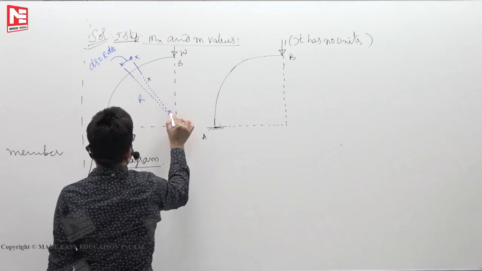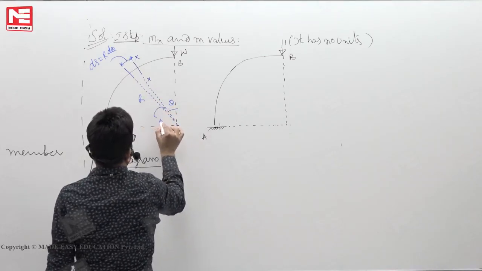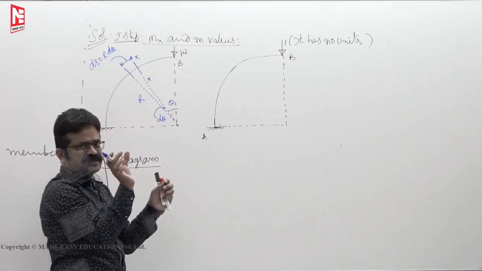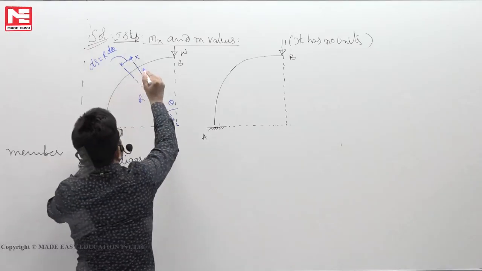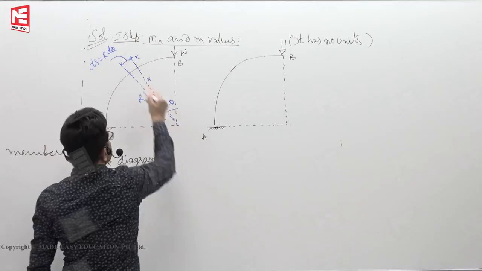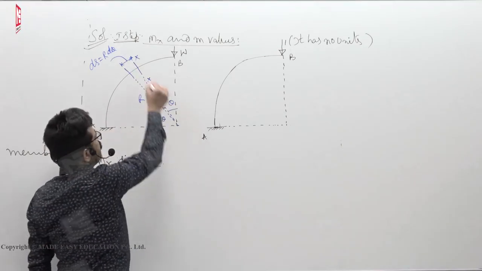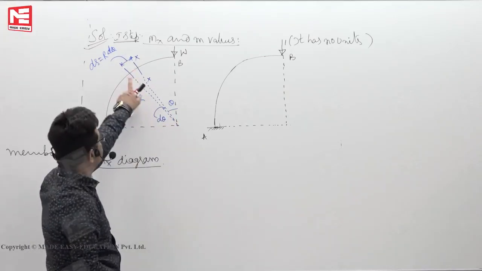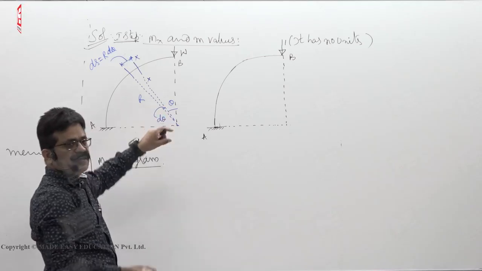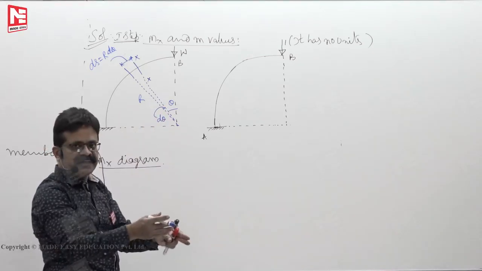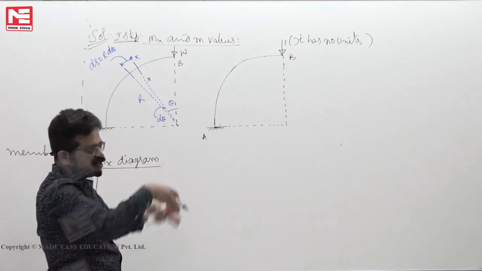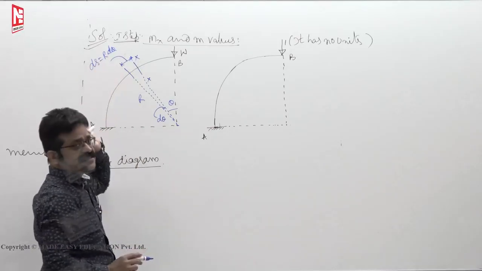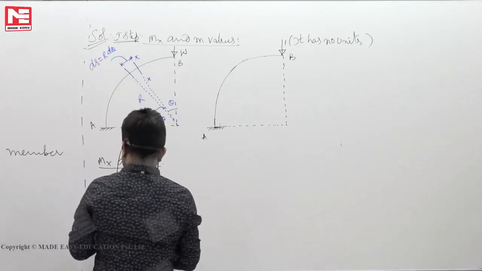This radius is r, this angle let us say theta, and this small angle you take as d theta. Now dx is a horizontal straight member. ds is a curved element at xx, and again at a distance of d theta one more. At an angle of theta you cut it, that is xx. Theta plus d theta, cut one more. Then between the two sections the angle is d theta. Like x plus dx, two cuts you have to make it. In the process you get a small curved element ds. That ds length is r into d theta. That's how we have to cut it.